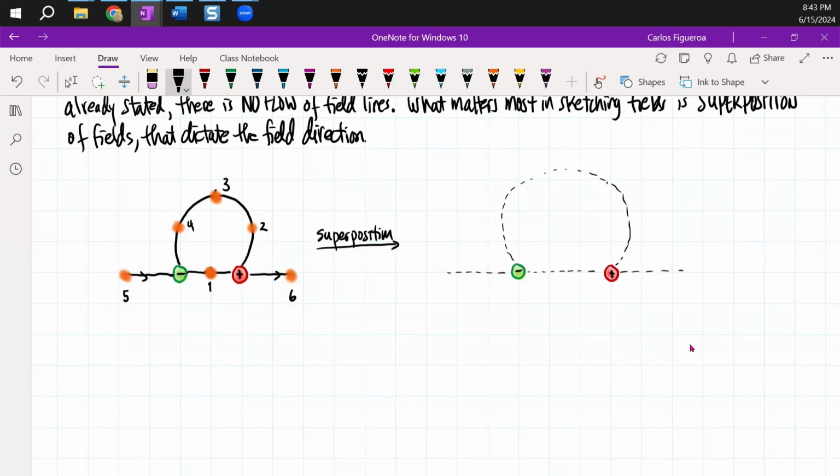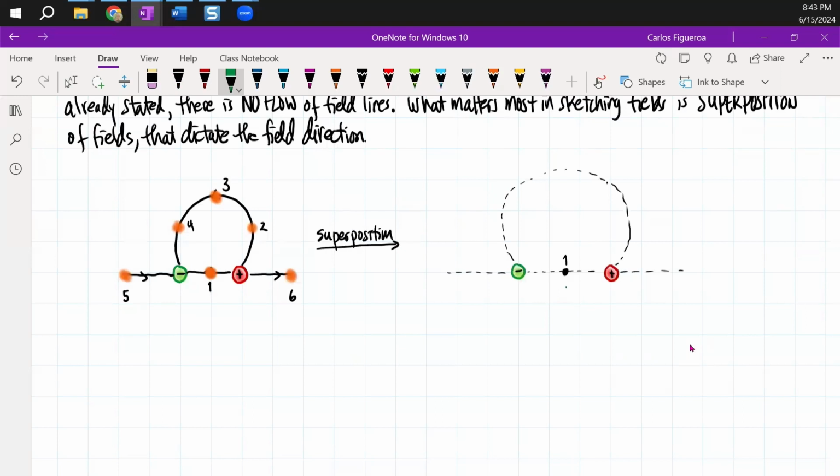So let's look at point 1. If I look at point 1, note that there are two fields. Some people would say that the green field is coming from the positive. It's not. It starts at the green charge and it goes out. And actually, I want to try to scale these just a tiny bit better.